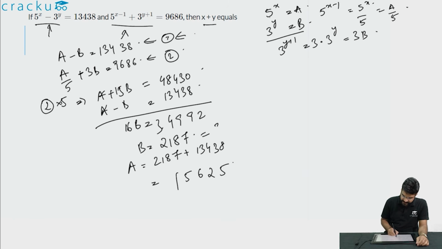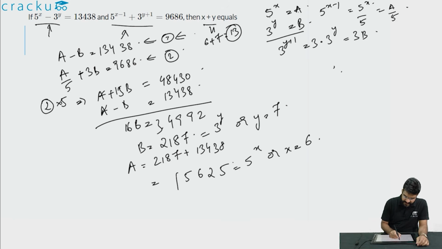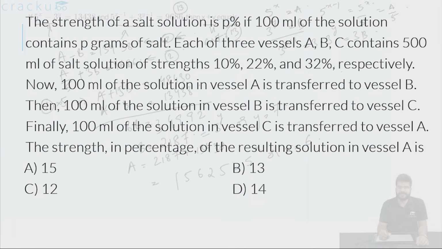So this is equal to 3 to the power y, or y is equal to 7, because 3 to the power 7 is 2187. This is equal to 5 to the power x, or x is equal to 6. Therefore x plus y will equal 6 plus 7, which is equal to 13. So the answer in this case is 13.